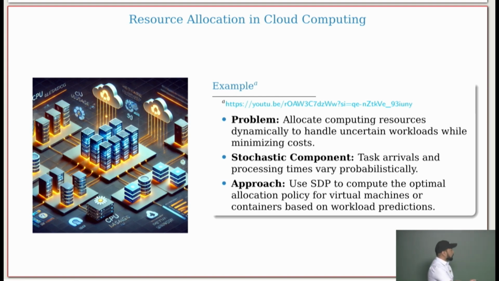We have a cloud, and depending on the resources, we are looking for good ways to allocate resources so that the compute resources are used in an optimal way, in the sense that there are not many idle nodes. Again, there is a stochastic component, because the demand for the compute resource could vary, and there could be uncertainty in those demands. So resource allocation in general could be modeled under SDP.